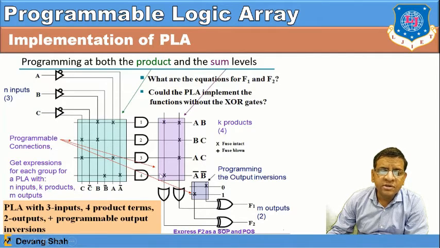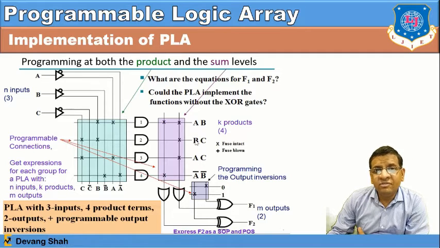Right now this is a fixed plane of OR gates, and after that you have used an XOR, right? Based on that, you can make this particular value either a 1 or a 0. So what does it mean? If you follow a NOR gate, that means you get programmable output inversion.